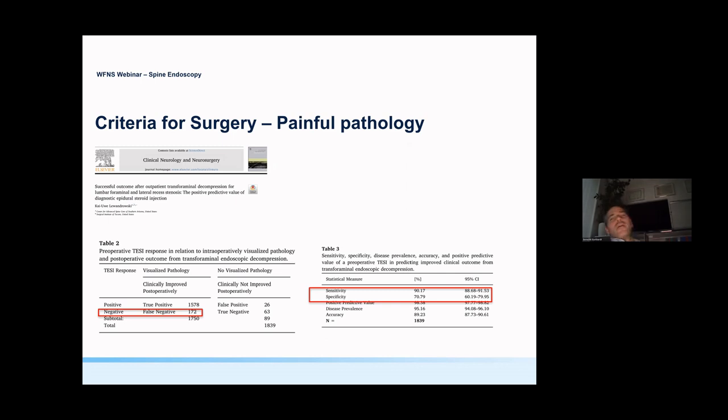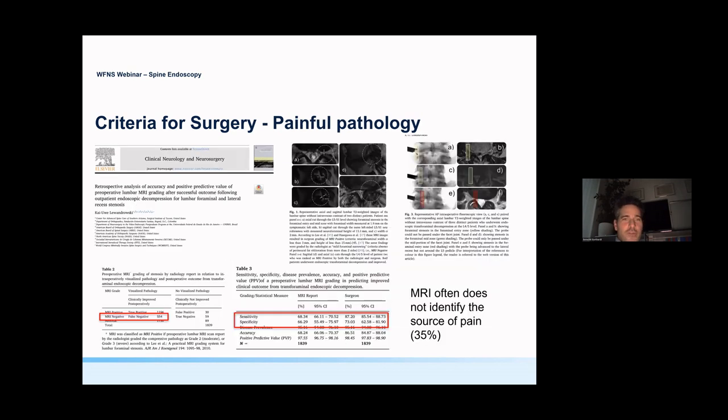If you go back and look at how a nerve root block compares to the MRI, you can see that the false negative rate is significantly lower, which means that if the patient benefits from a selective nerve root block, and even though in the MRI there is nothing visible, you either do the MRI again, or you might do an inspection with the surgery.